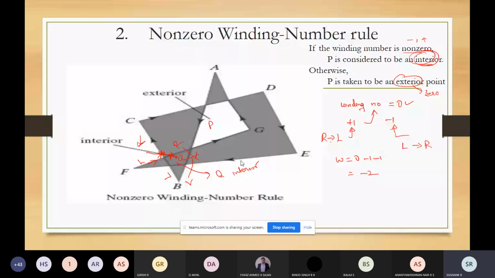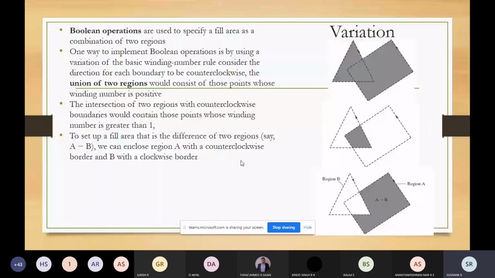So there are some variations. The variations of this non-zero winding number rule can be used to define the interior regions in other ways, so that it will define a point to be interior if its winding number is positive, or if it is negative. Or you can also use another rule to generate any variety of shapes. For that we'll be using Boolean operations.